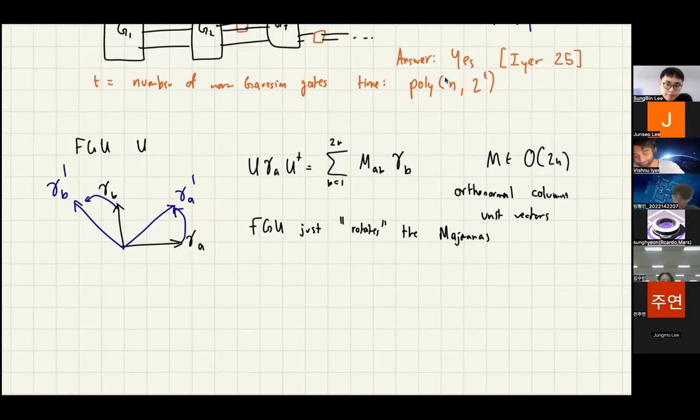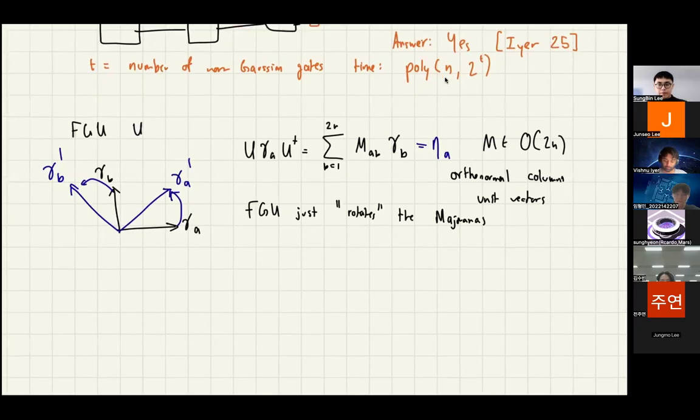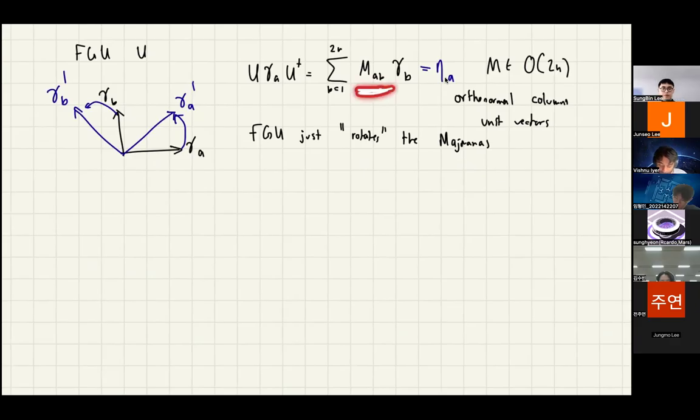We write this as eta sub A. Each of these coefficients makes a unit vector, a linear combination. So I rotate from the standard Majorana basis to a linear combination of two Majorana operators, and then we rotate the other Majorana operator into something orthogonal. I have a new basis that's just rotated over by this.